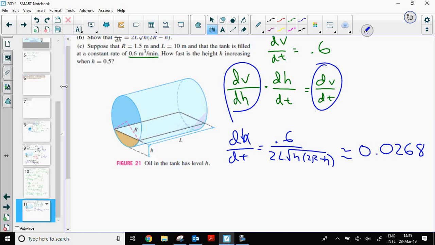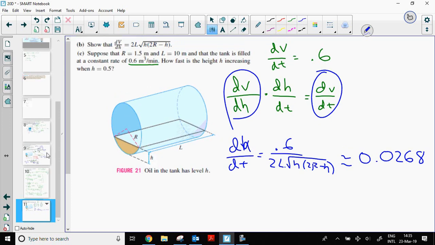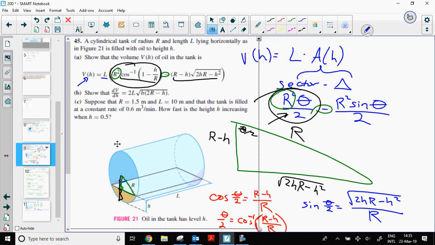This is obviously from a textbook, but this is the kind of wild thing that, if you're unlucky, the IB could throw at you at the very end of an exam. A very long question with many parts to it. Part A was really all about geometry and knowing how to manipulate some trig identities. Part B was really the calculus part, taking derivatives and using a bunch of different formulas, using your chain rule, followed by some algebra to finally get down to the expression as they desired it to be.